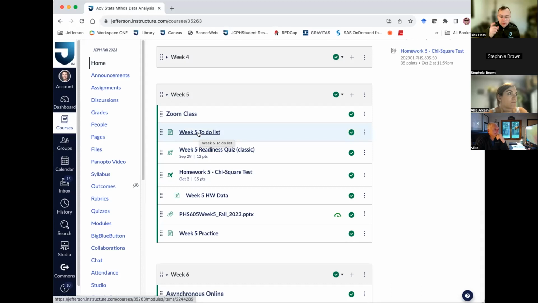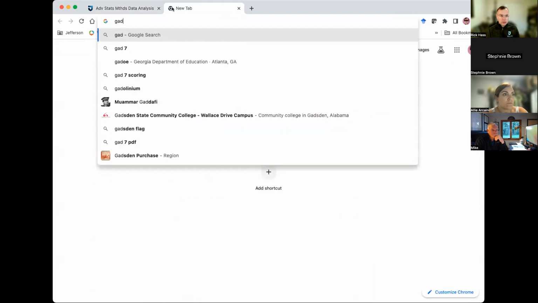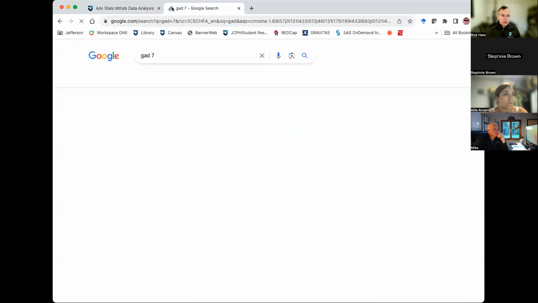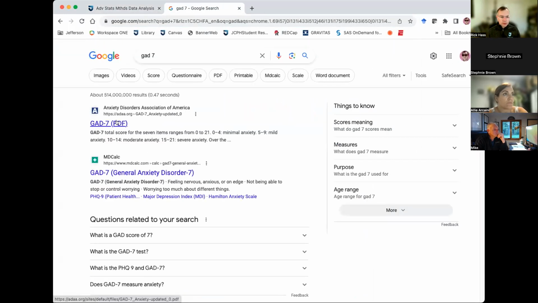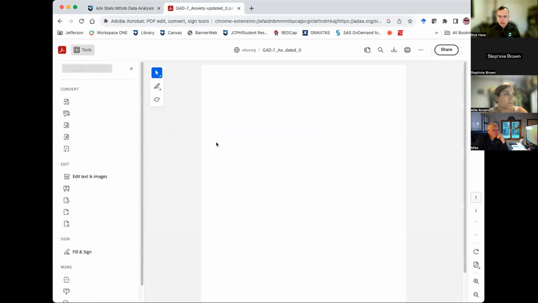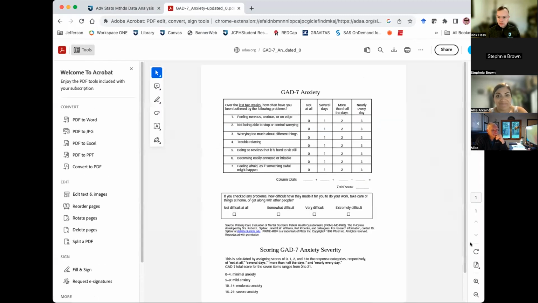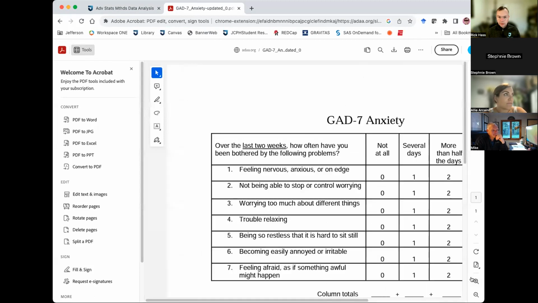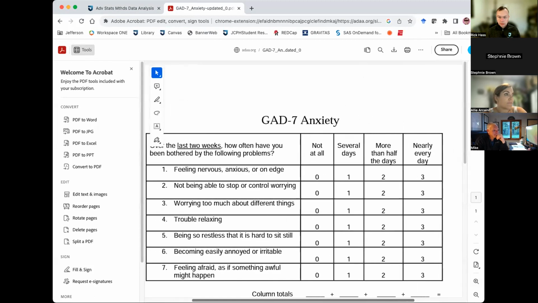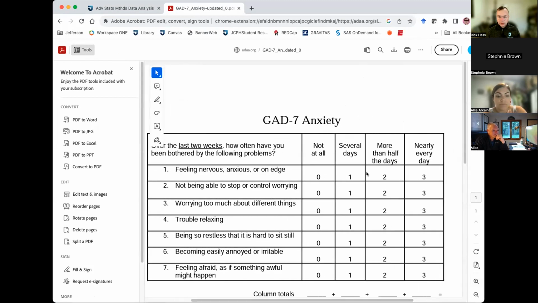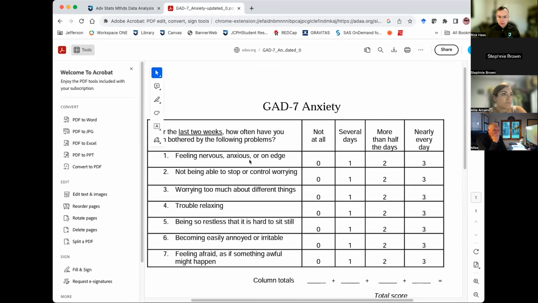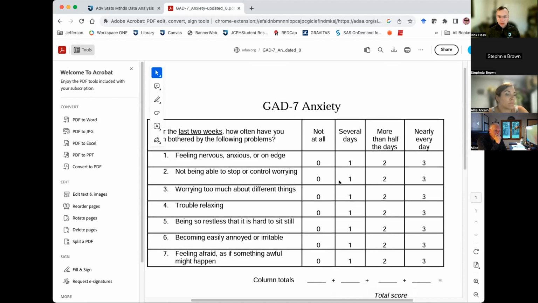However, a single item from something like the GAD-7, any of these items on their own, we would consider ordinal categorical.